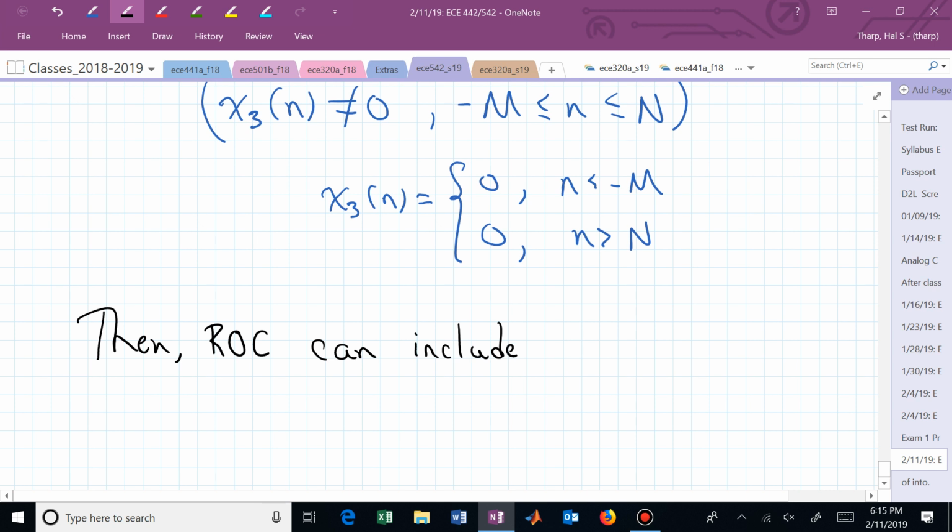Then, our region of convergence can include, how do I finish this tail? But x sub 3 doesn't have a tail, does it? I'm using tail different ways. What can we say about the z-plane?